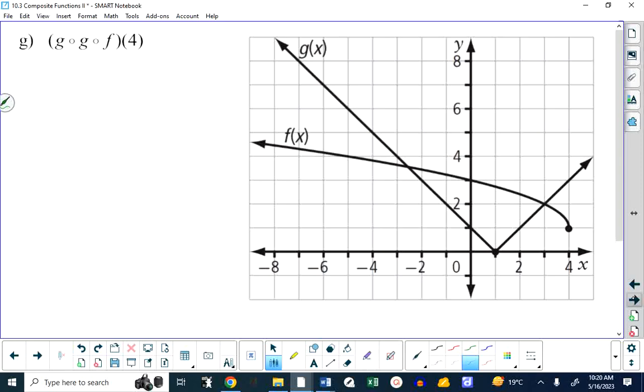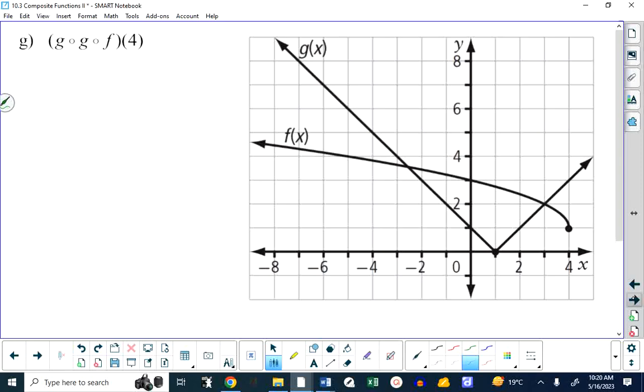I'm going to double check. I think it's 1. Now, admittedly, I did it without the flow chart. And a couple of people indicated to me you think it's 0.